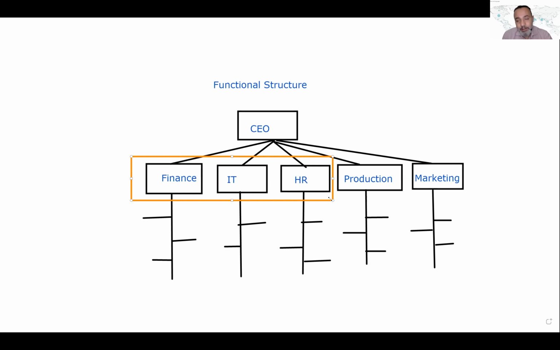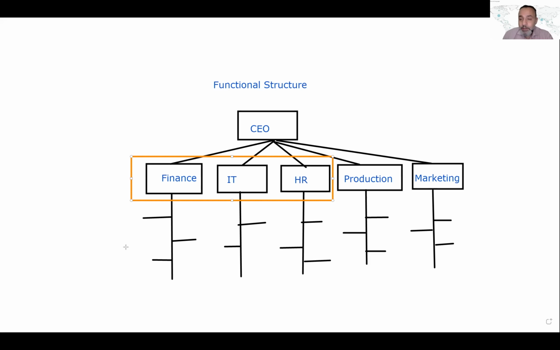You heard the term committee before, right? So we create a committee. The CEO might create a committee of, for instance, the finance manager, the IT manager, and the HR manager, and ask them to coordinate the project work. So basically, this committee will be responsible for coordinating and managing the project effort, right?